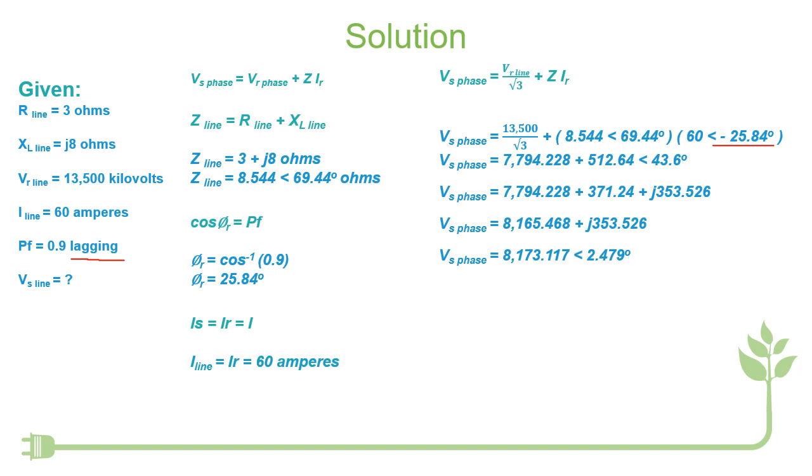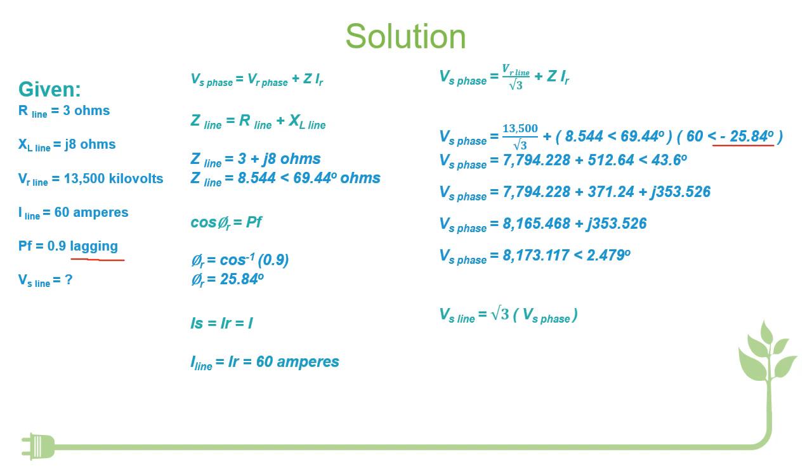Therefore, the rectangular form of our VS phase will be 8,165.468 plus j353.526. Convert it to polar form, we have VS phase equals 8,173.117 angle 2.479.